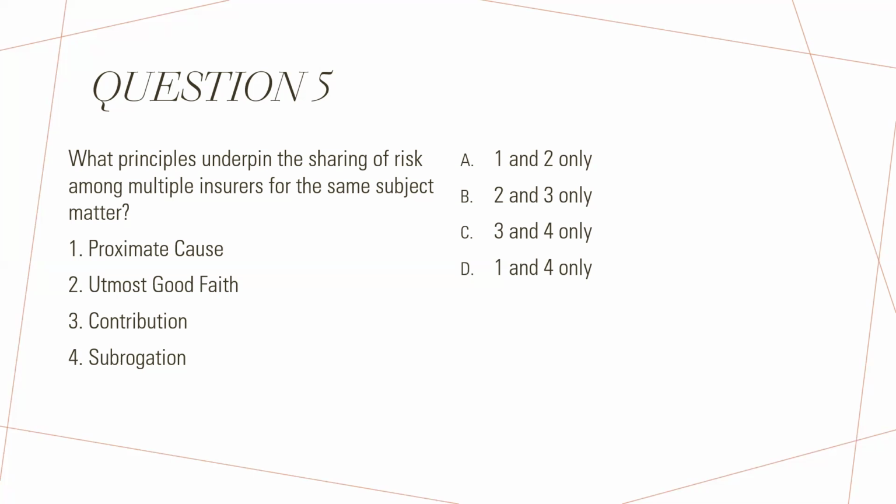And with this, if the damages are covered by multiple insurance policies, it will involve multiple insurers. So the answer here is number three and number four. Okay, C. Congratulations to Troy and Nishi.